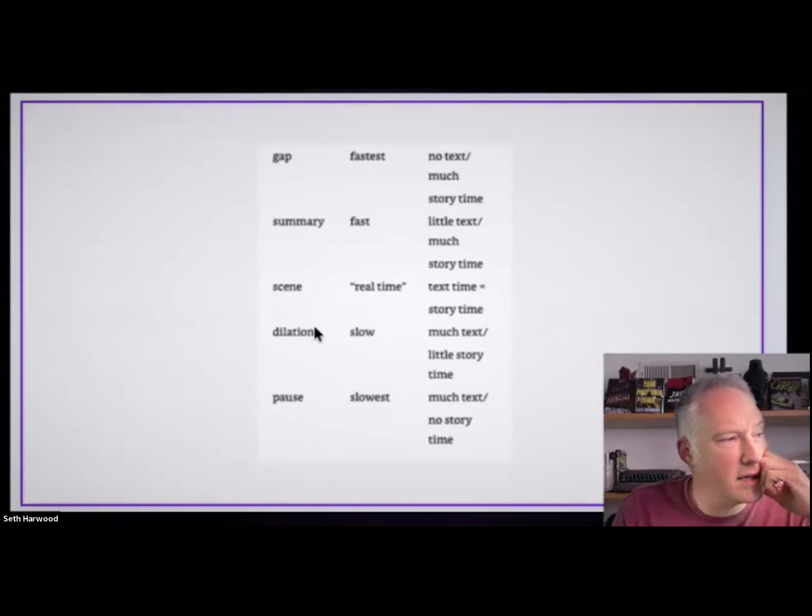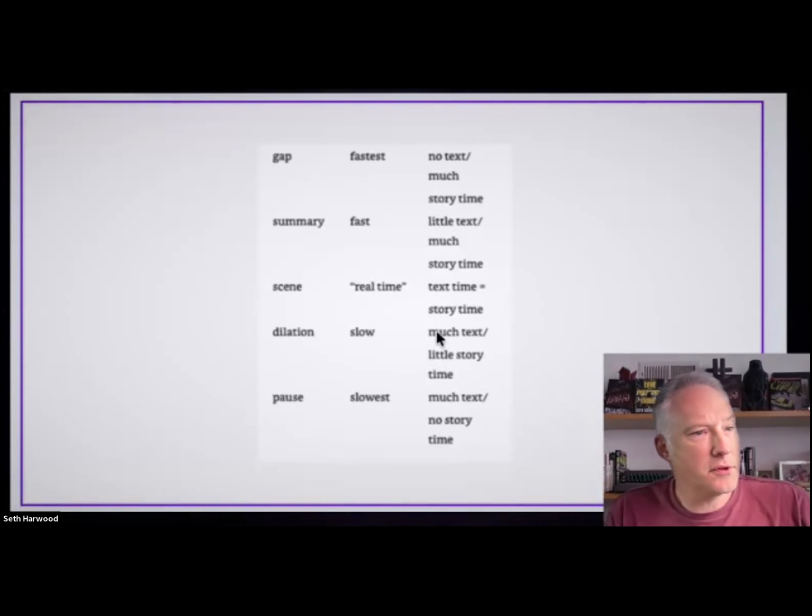The big idea I want to land here is that new writers often start out writing in summary, and what we really want to see is that you can recognize when you're in summary, then figure out how to get into scene and stay in scene consistently, and then, as you get into scene, control when you're going to summary or gap or dilation. So yeah, it's like boots on the ground.